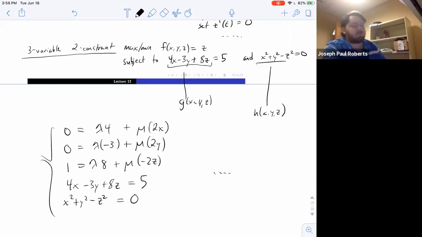And so you go from there. It's a big mess. We're not going to make you solve a 5x5 on a quiz or an exam, but this would be what you would ask your computer for help with.